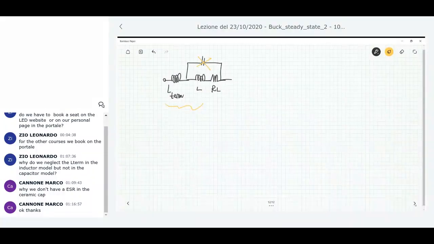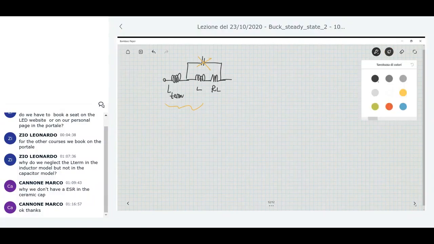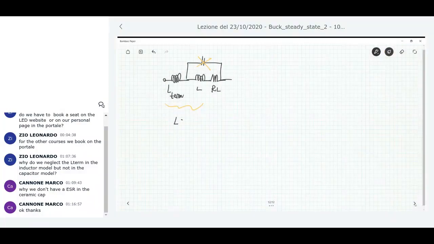But L, the nominal inductance, is typically very large with respect to L terminal. So L plus L terminal is more or less L. This is the reason why I can neglect it. So this is more or less L and RL. And for our next considerations, I also neglect this one.